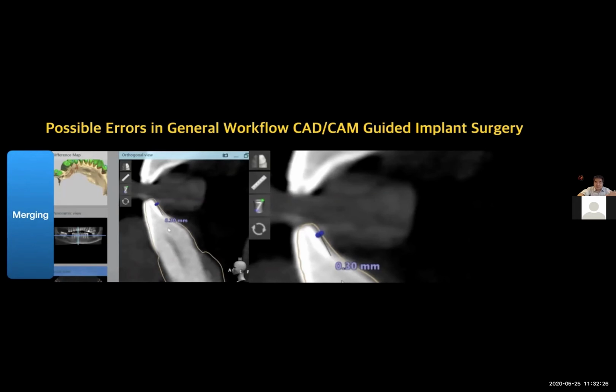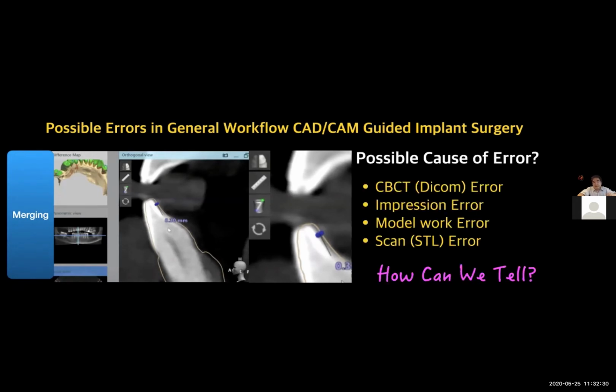They have to be more careful, and we have to confirm it, right? Once we have those errors, what should we do? CT taken again, impression taken again, model work again, STL file again. Unfortunately, we have to eliminate those possible errors by repeating one by one.